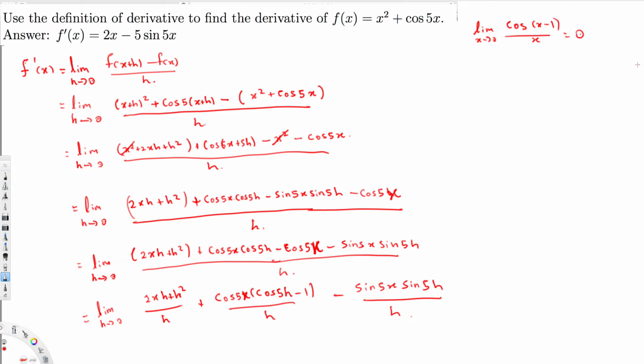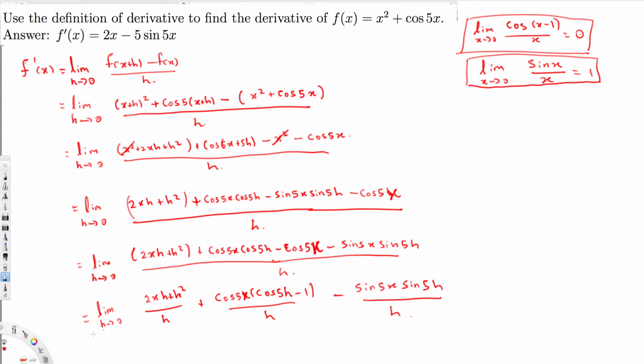This is the general formula that we have to remember. Also, when limit x approaches 0, sine x over x is equal to 1. So these are the two general things we have to remember before we solve this question.